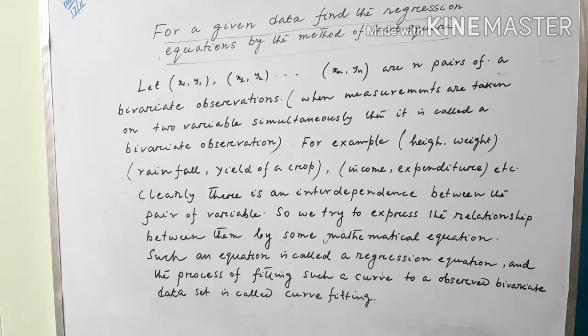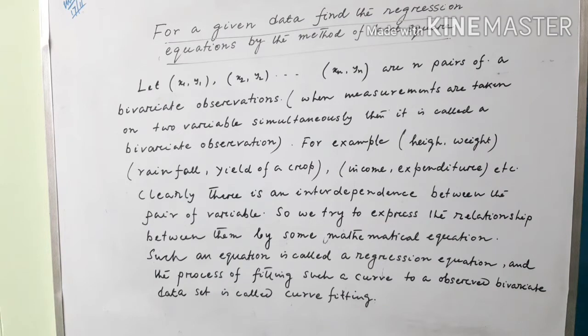Such an equation is called a regression equation. So what is the utility of a regression equation? Let us suppose for a certain plot we are given the rainfall and yield of crop for the last 10 years. Now for the 11th year, if we get the amount of rainfall, then obviously we can make an estimate what is going to be the yield of crop for the 11th year.